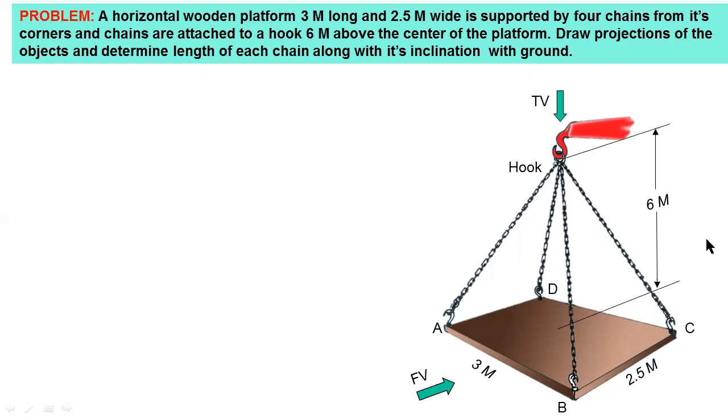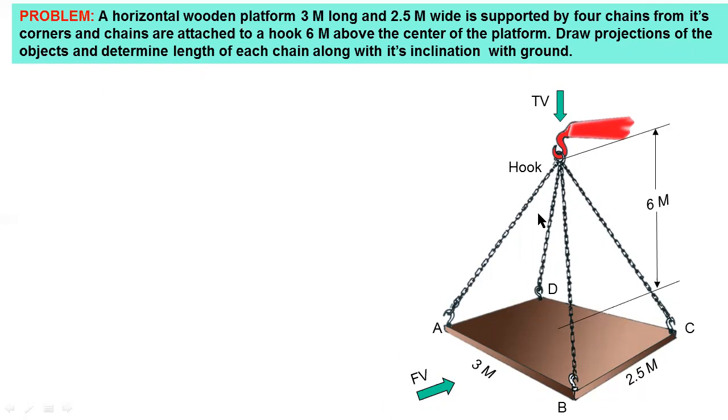So in this problem, you have to draw the projections of the object and determine the length of each chain, along with the inclination of each chain with the ground.